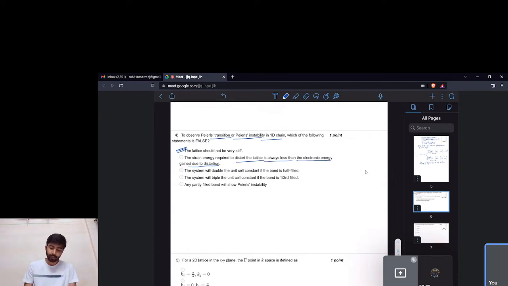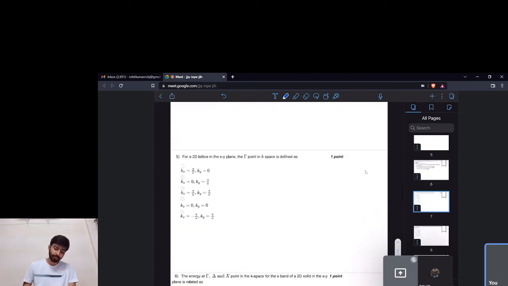The system will double the unit cell if the band is half filled. Yes, that is true. The system will triple the unit cell constant if the band is 1/3 filled. Yes, that is also true. Any partly filled band will show Peierls instability. So all the other options are correct, and only the first option was incorrect.